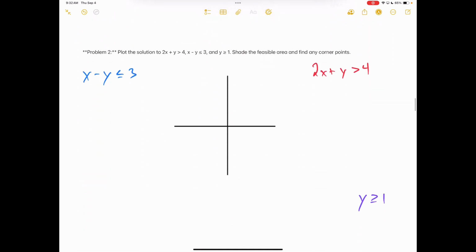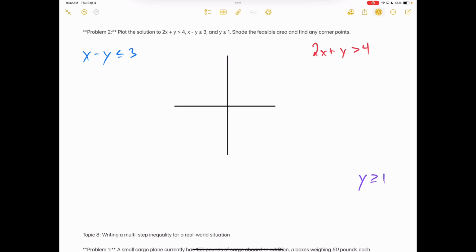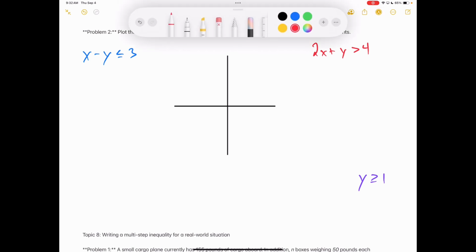All right. So this one, my red one, again, it's easier to put it in y equals mx plus b, so I subtract 2x from both sides, so I get y is greater than negative 2x plus 4. My slope would be negative 2 over 1. That would be down 2 to the right 1. And my y-intercept is 4.